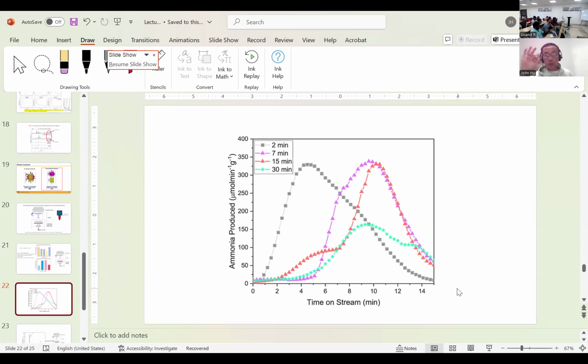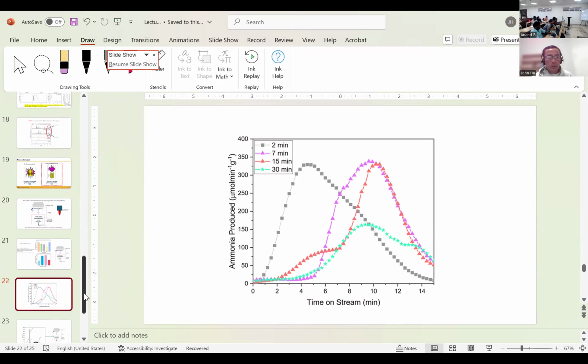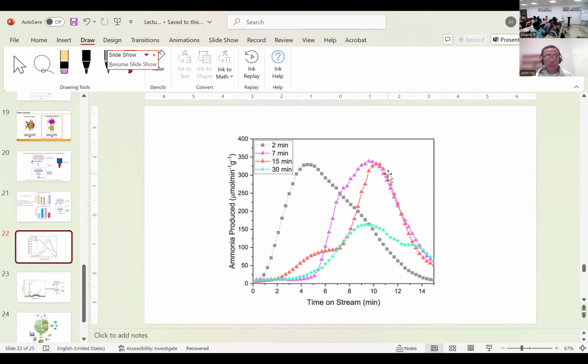So we run the three different scenarios. So let me see, 2 minutes, 7 minutes. Hold on, I'm a little confused about this one. What's 2 minutes? So this is also step 2.